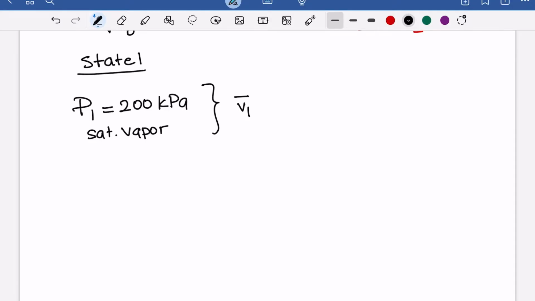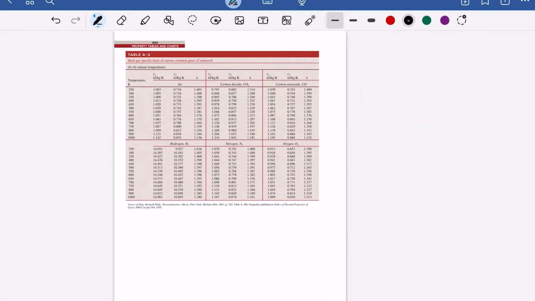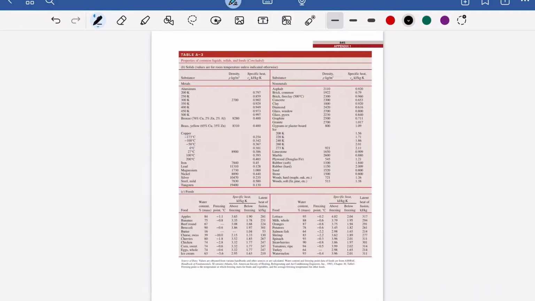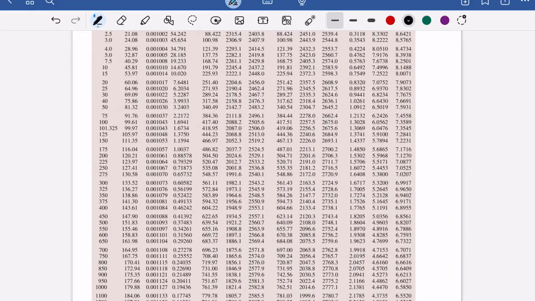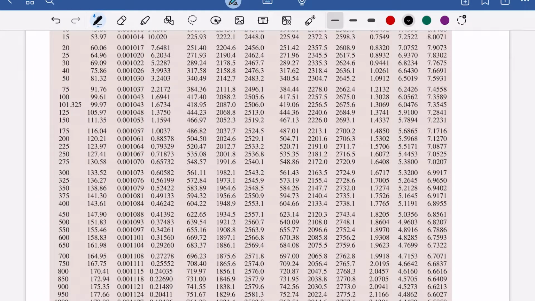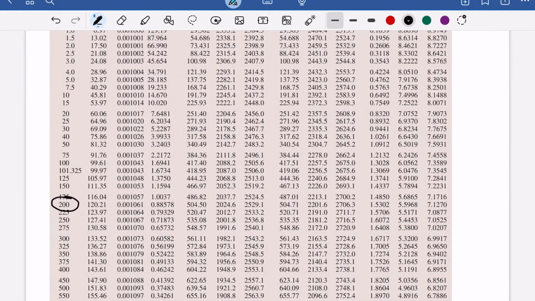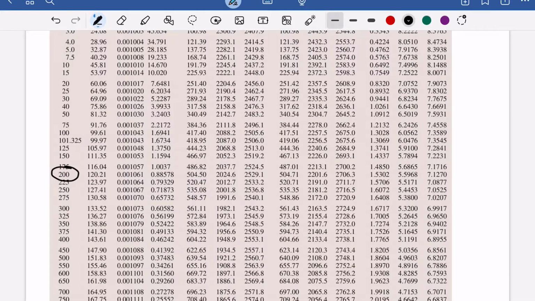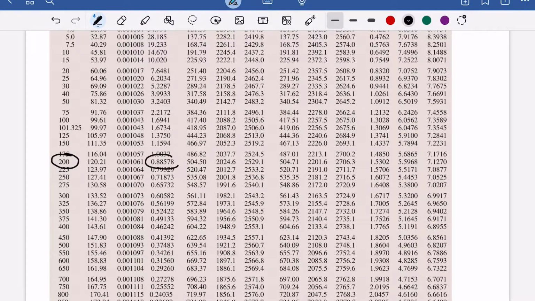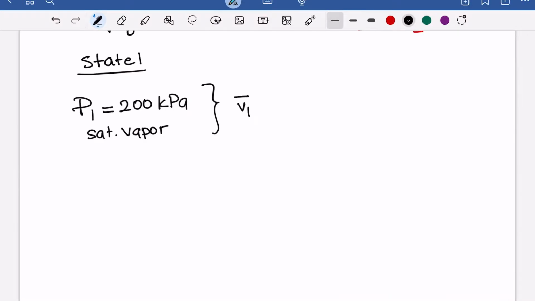So we go to water tables, table A5, and find our pressure, which is 200 kilopascal. And now we can read the saturated water vapor specific volume here. So this is our specific volume. Now we can record it, going back to our notes.